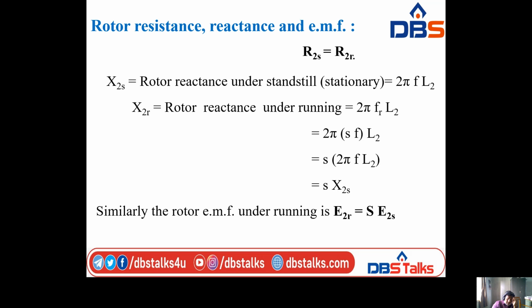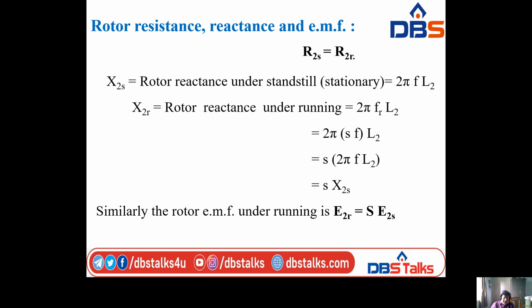Next parameter: rotor resistance and also rotor induced EMF. Let me first go to the rotor induced EMF. When the rotor is stationary, at standstill, slip is equal to 1 and the EMF induced in the rotor is maximum.